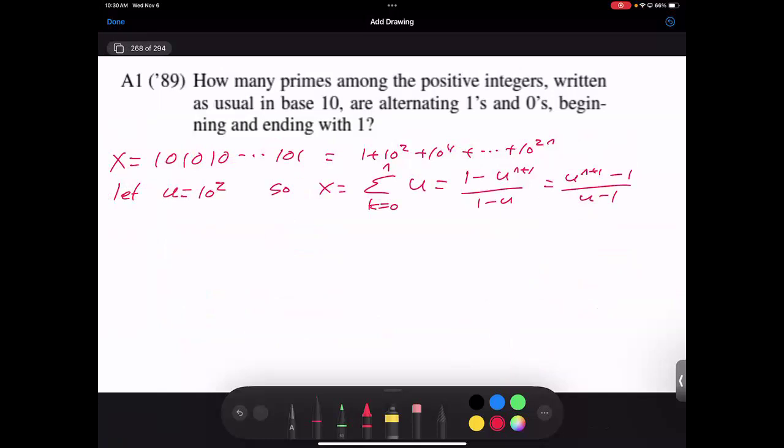And so that would give us x is equal to u minus 1. And then over here, unfortunately, it's going to just bring back the original sum. It's just going to then give us 1 plus u squared plus dot dot dot plus u to the 2n over u minus 1, back where we started.